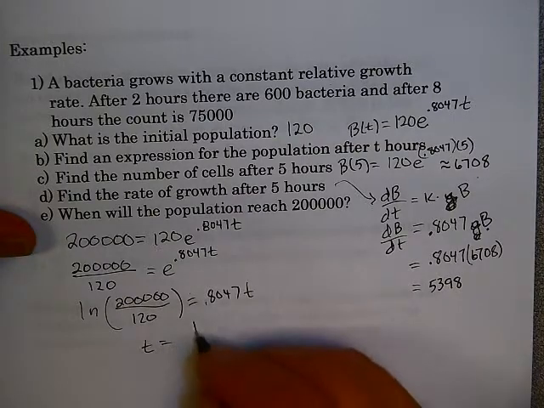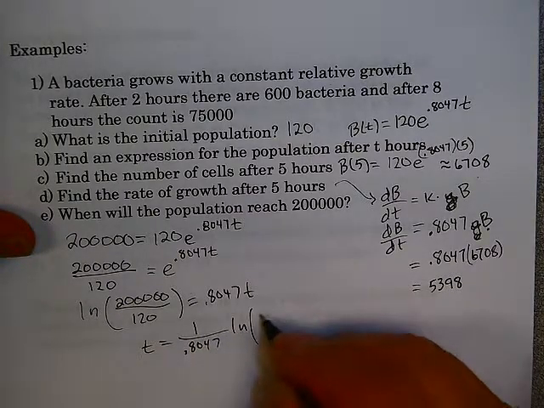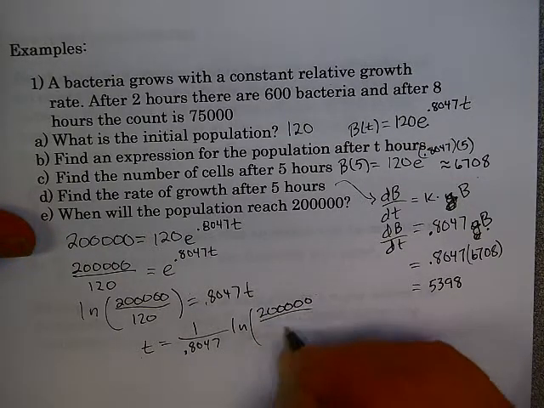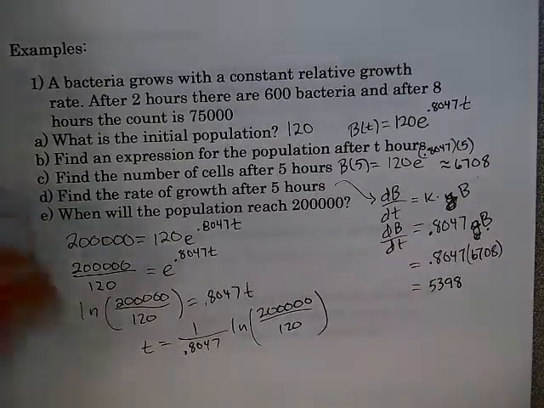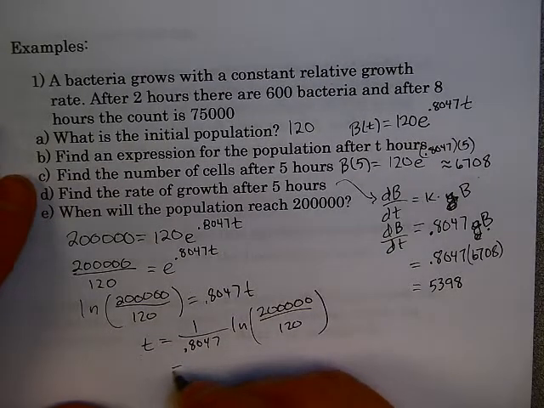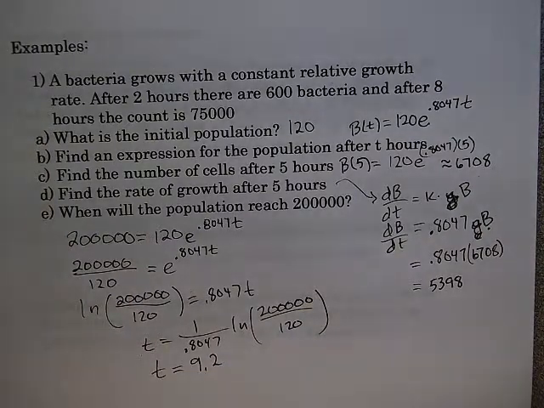And t equals 1 over 0.8047 times the natural log of 200,000 over 120. Now we'll do that calculation. That's approximately 9.2 hours for it to reach that population.